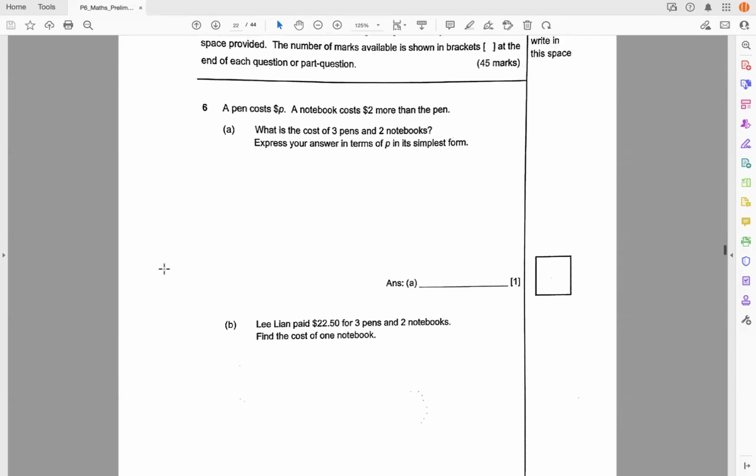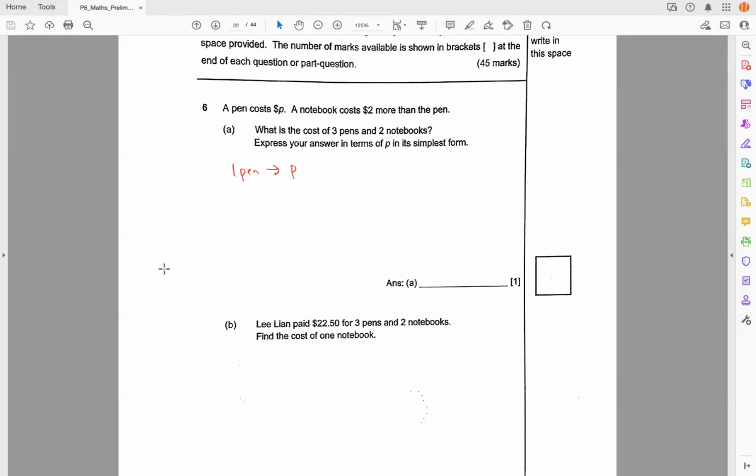Question number 6. So algebra, a pen costs $P, a notebook costs $2 more than the pen. What's the cost of 3 pens and 2 notebooks? So that's 1 pen. Let's record down. 1 pen, arrow P. Okay, Ethan.